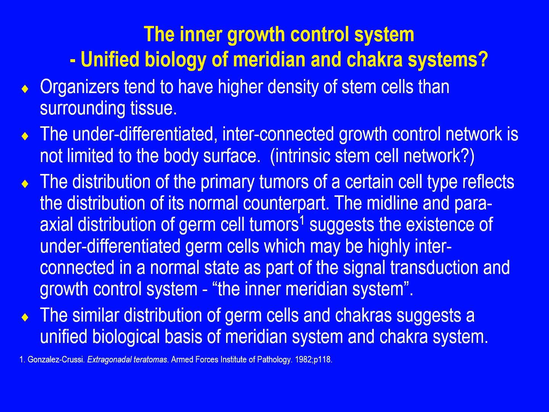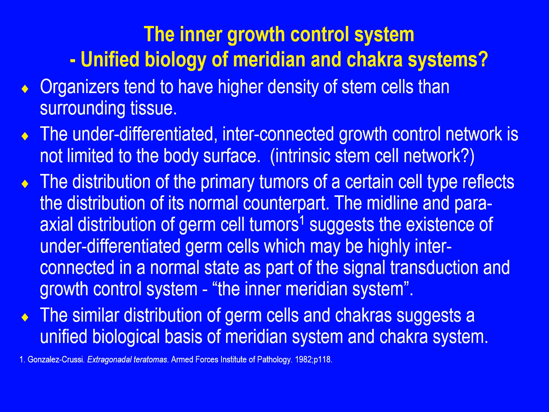And the distribution pattern of the germ cell tumor shows a midline and a paraxial distribution, suggesting the existence of under-differentiated germ cells, which may be highly interconnected in the normal state as part of the signal transduction and growth control system, and that is the inner meridian system.